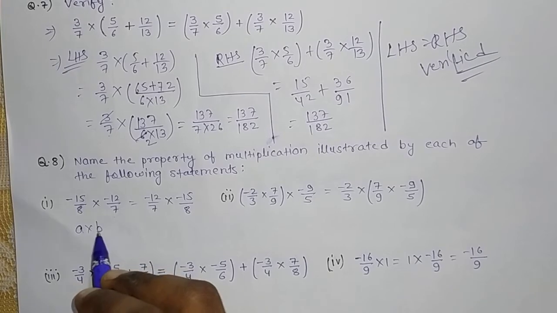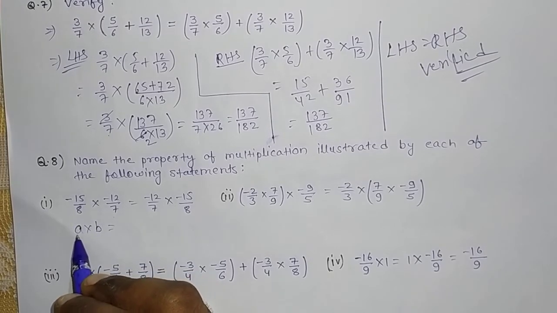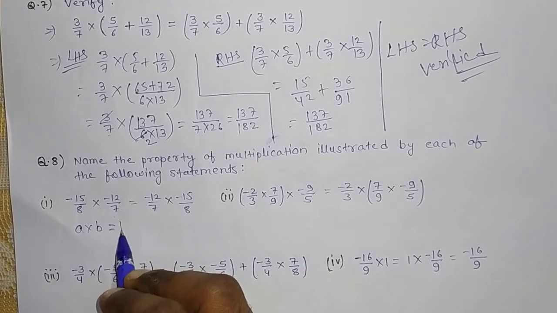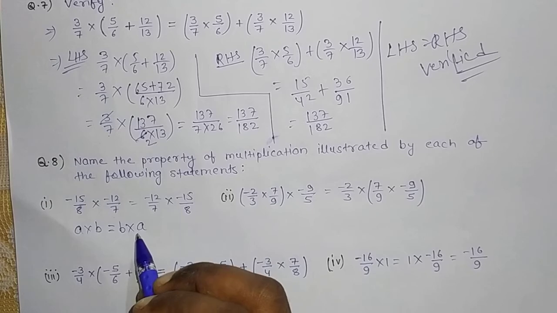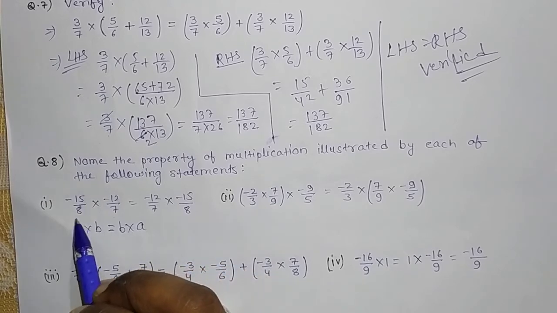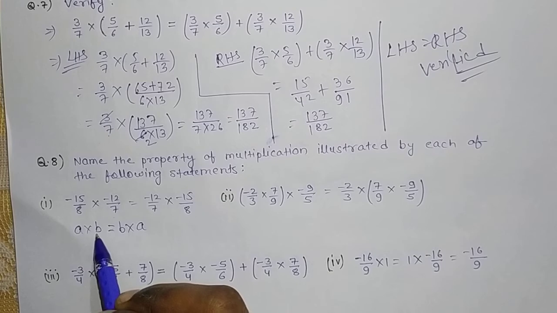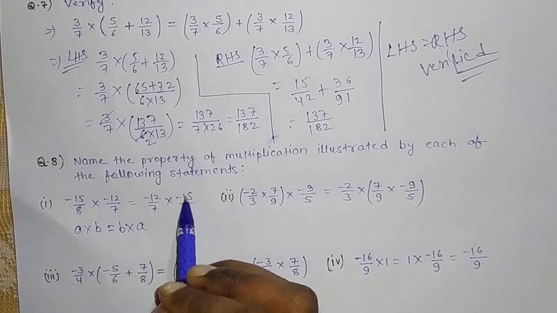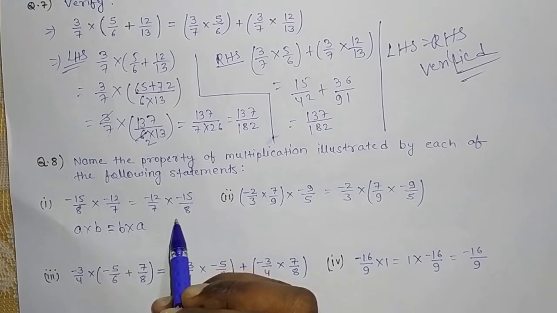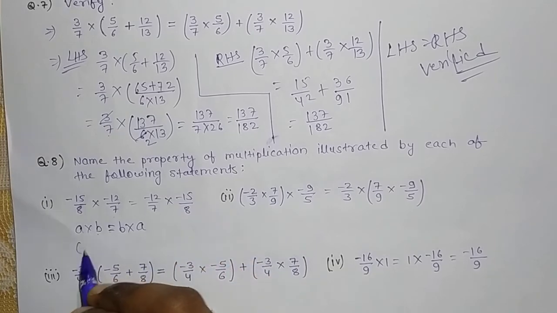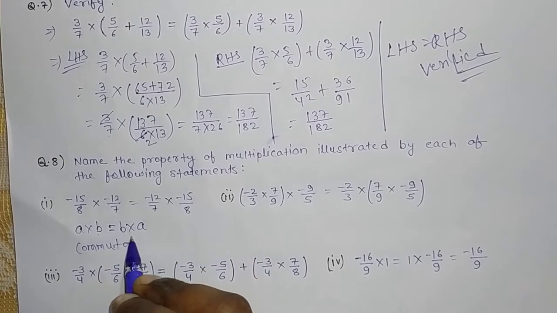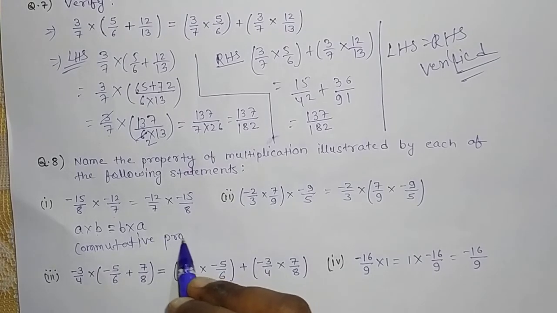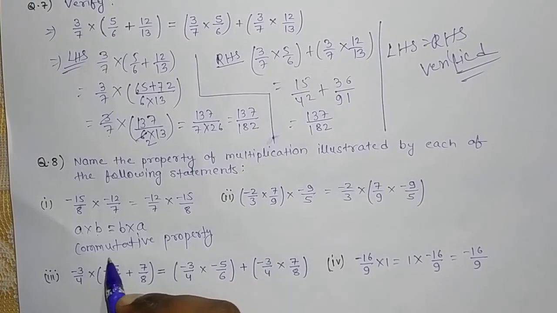If there are two numbers A and B, A multiplied by B equals B into A. Now this property is used where A equals minus 15 by 8 and B equals minus 12 by 7, equals B, minus 12 by 7, into A, minus 15 upon 8. Now this is the commutative property. So in question number 1, the commutative property is used.